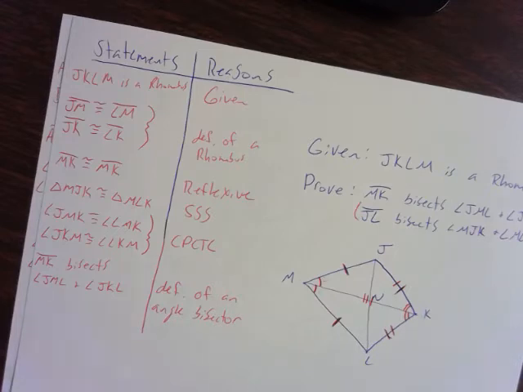So here my statement would really be that if a parallelogram is a rhombus, then the diagonals will bisect the opposite angles.